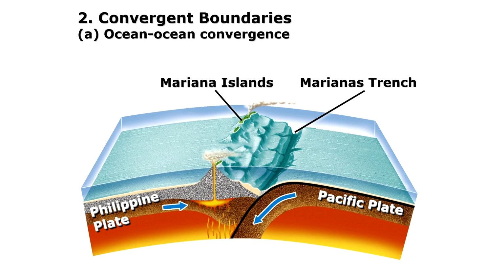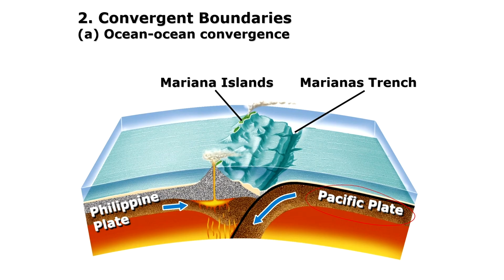Then we have ocean convergence. Okay. So, oceanic plate convergence, and we term these convergent plate boundaries. We also term this a destructive plate boundary, where one of the plates is subducting below the overriding plate, and we have discussed that this will be an older plate, because it is denser.